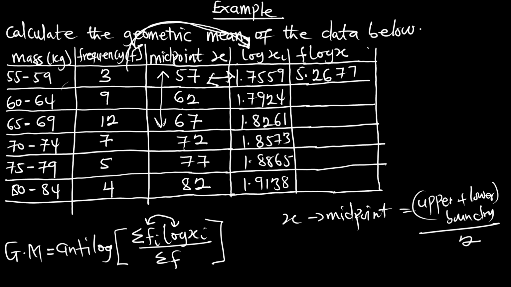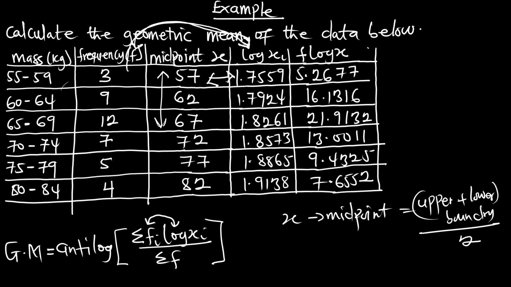This is going to be 16.1316. This is going to be 21.9132. This is 13.0011. This is also going to give us 9.4325, 7.6552. Are we okay? So we have all the parameters in place.